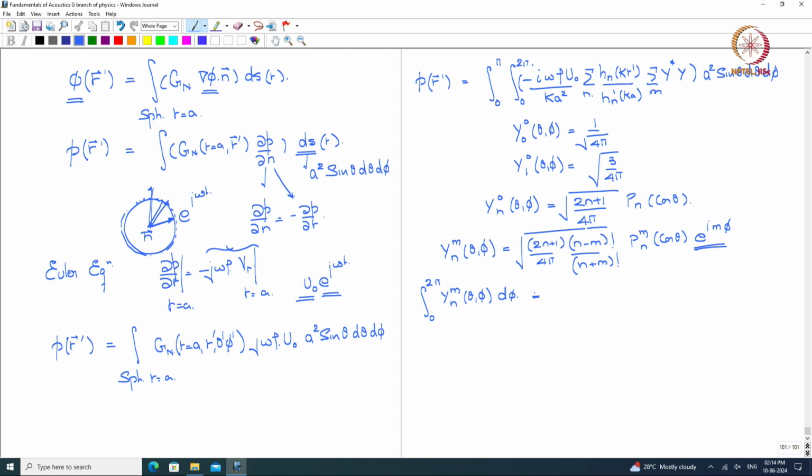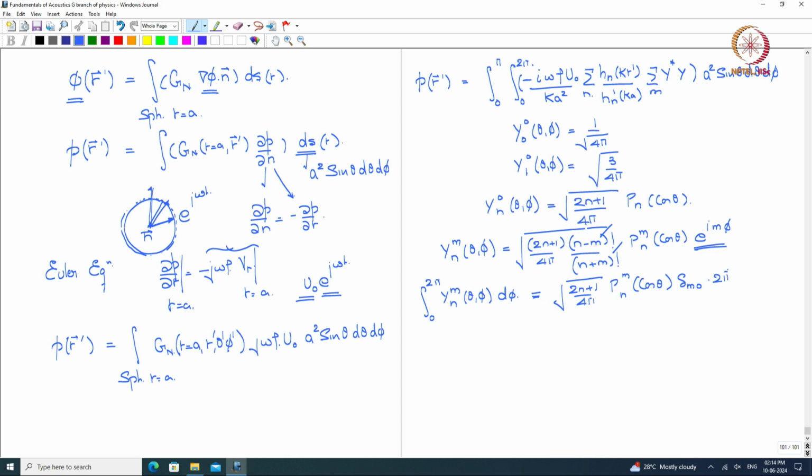So, for values of m equal to 0, this term cancels. So, we will end up with twice n plus 1 by 4 pi, P m n cos theta, okay, delta m0 into 2 pi.